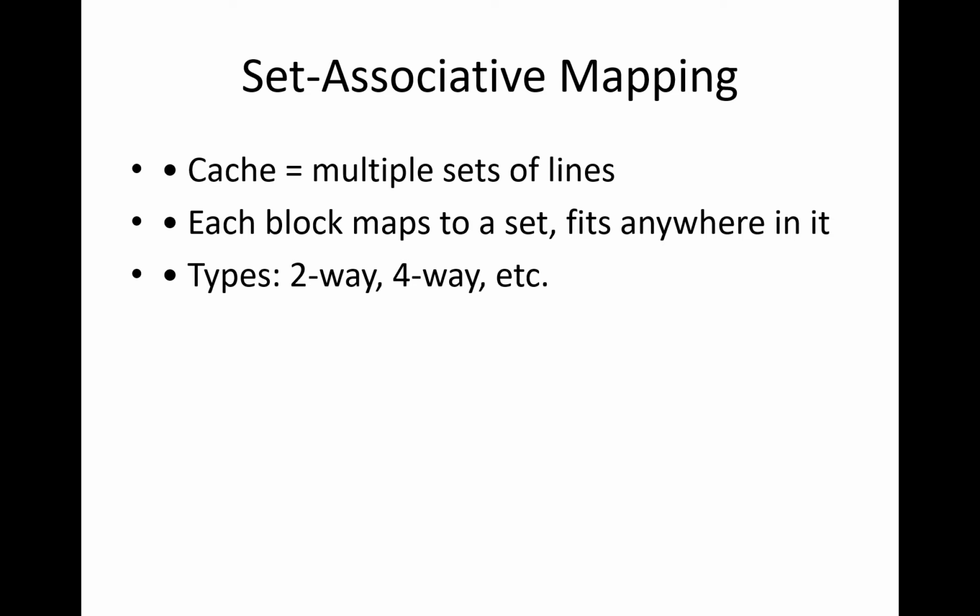So we have the set associative mapping. This type is a hybrid approach. The cache is divided into sets, and a memory block maps to a specific set, but it can occupy any line within that set. It reduces conflict while keeping the lookup process efficient.